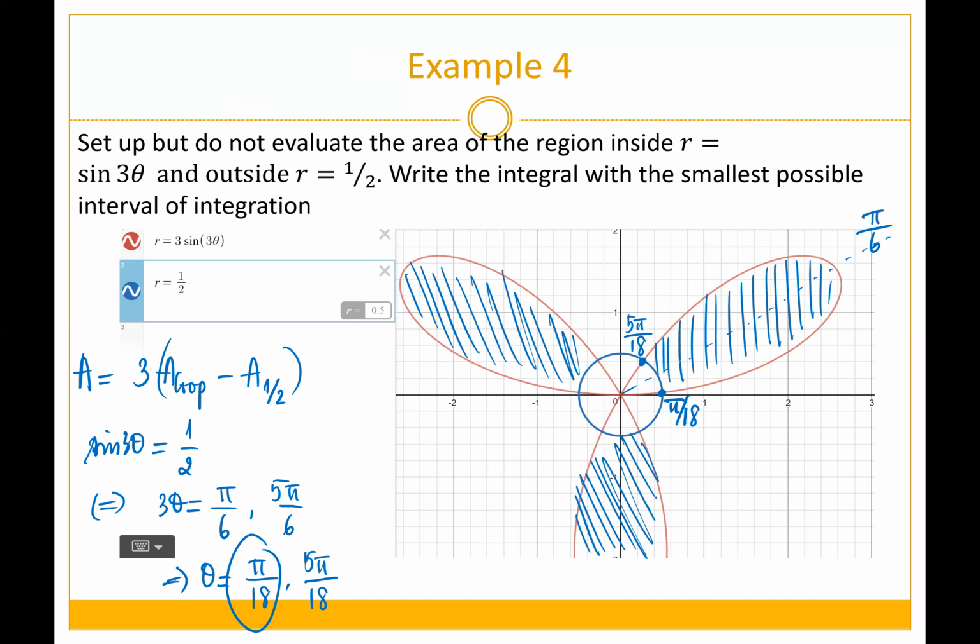So it's going to be 6 pi over 18 divided by 2, which is 6 pi over 36. So yeah, it's pi over 6.